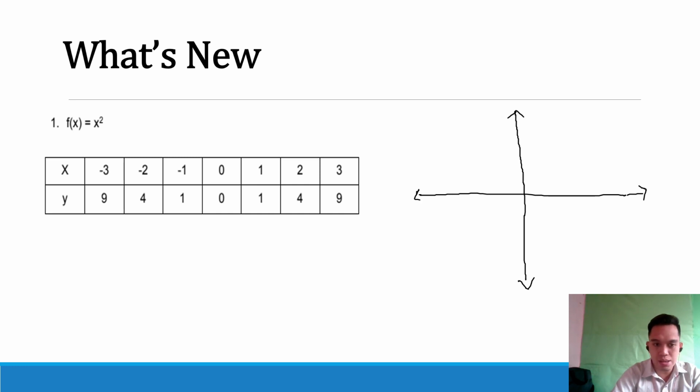So our x is 1, 2, and 3. Then we have negative 1, negative 2, and negative 3.